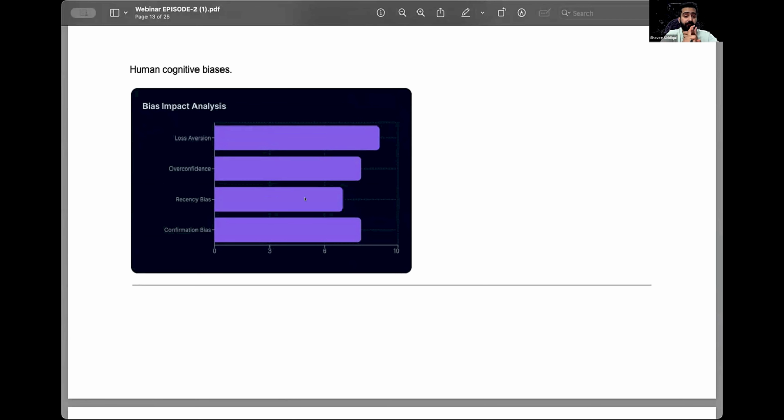So loss aversion: the fear, being scared of the loss, is a feeling with which retail traders either back off or go big. Then comes overconfidence, which is zero in algos and abundant in retail traders. Then comes the recency bias of a retail trader, which is not there in the algo.